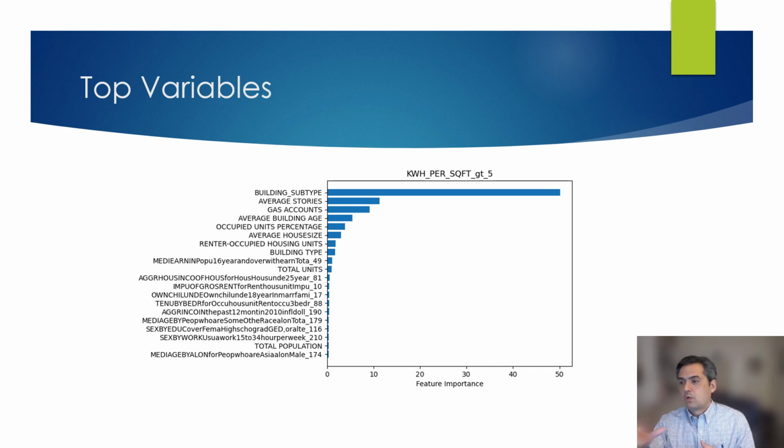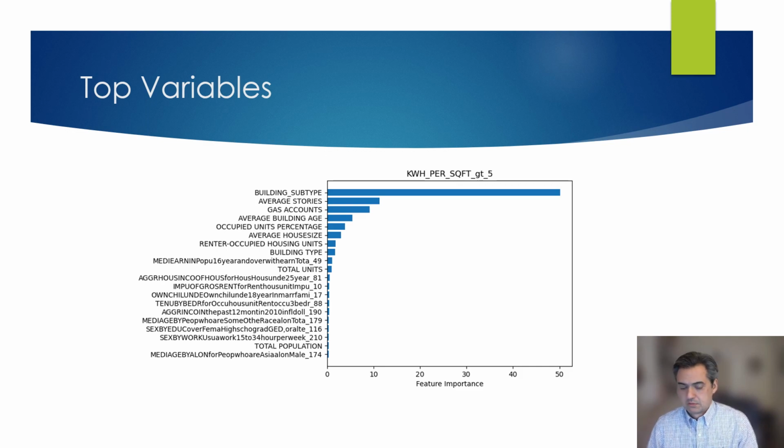The particular reason I chose this model for this demonstration is that it had better accuracy and better performance. You can see the most important variable is the building subtype, which has to do with whether it's commercial or a multifamily unit, for example. Then there are other variables about the size of the building, and towards the bottom you also see some of that census data. In this particular proof of concept, the only two data sources I used were the City of Chicago and the U.S. Census. Those other data sources could be considered, but were out of scope for the purposes of this proof of concept.